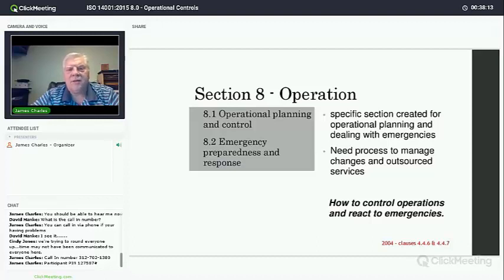In the previous standard, it said we would control our significant aspects. That has been dramatically expanded to include other issues, and we'll talk about those. But the goal is to be able to control the organization's impact on the environment.